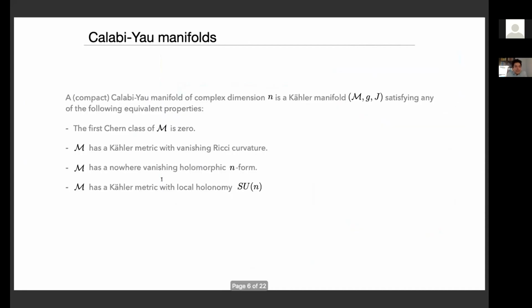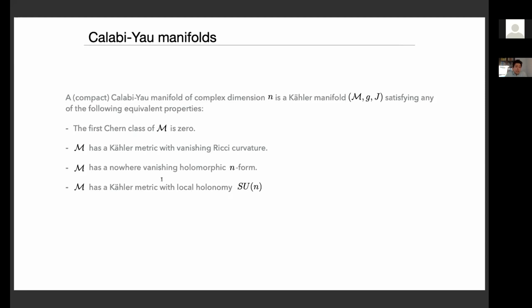So more formally speaking, a Calabi-Yau of complex dimension n is a Kaehler manifold endowed with a metric and a Kaehler form that satisfies any of the following equivalent properties. It has vanishing first Chern class. It has a Kaehler metric that exhibits vanishing Ricci curvature.